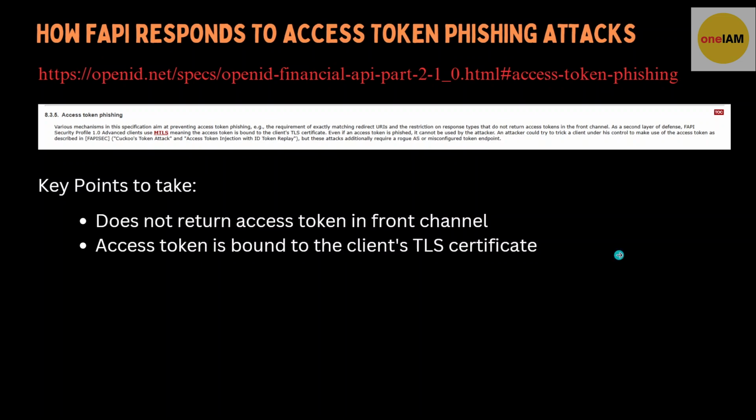How this differs in financial grade API security is that with your access token you have to prove your identity with your client certificate as well. So the resource server is going to check whether you are the correct owner of this access token. That's what certificate bound access token means.